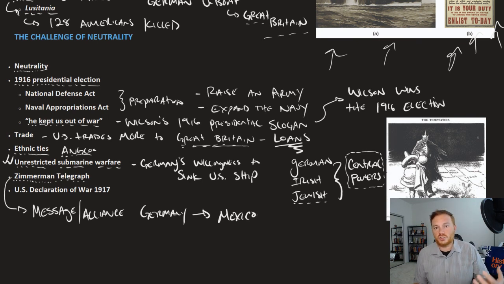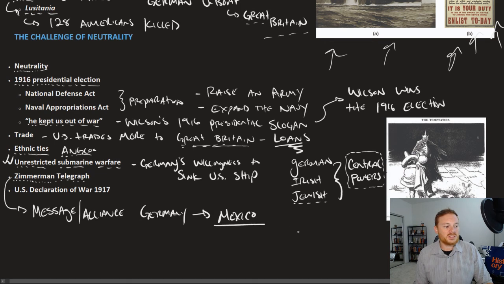So this is like insurance. What do they want? They want Mexico essentially to attack the United States. Germany promises that Mexico can have the territory back they lost to the United States in the 1840s. Mexico is not really in any position to help Germany in this context. Mexico is going through a civil war of their own. However, it just angers the Americans even more.